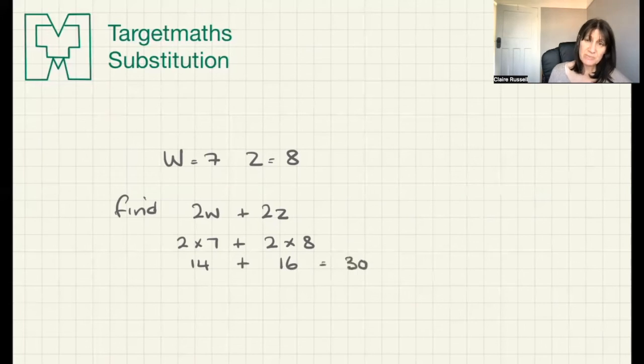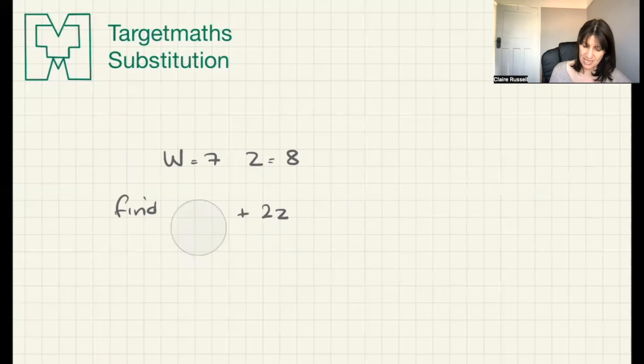Okay, so BIDMAS was actually really, really important in that question, because obviously I have to multiply first, and there were 2 multiplications. So hopefully you saw that yourself and didn't go wrong.